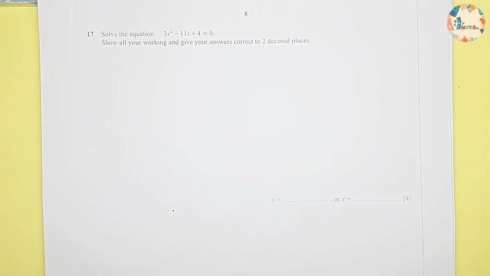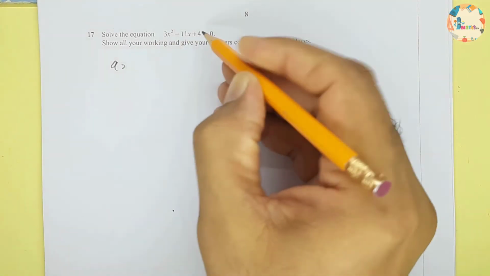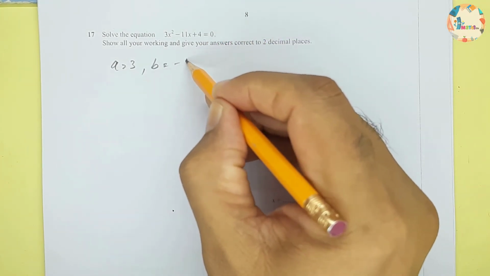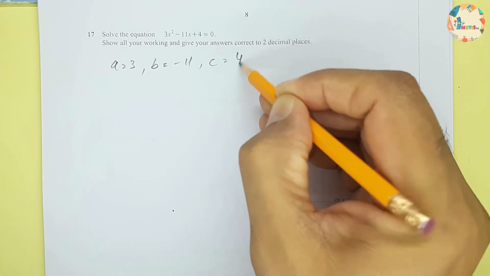Now question number 17. A quadratic equation is provided. Show all your working and give your answer correct to 2 decimal places. We have to find the value of x. So we can write a is equal to 3, b is equal to minus 11, and c is equal to 4.